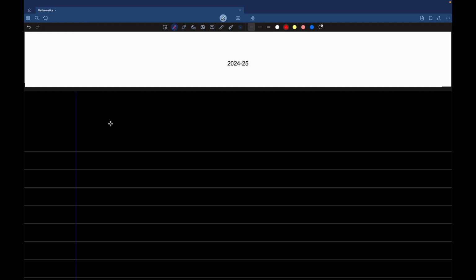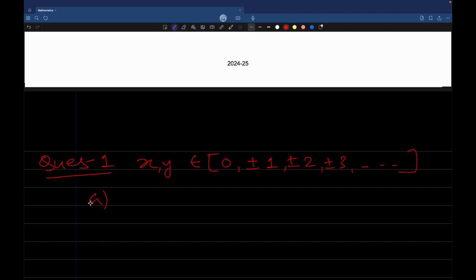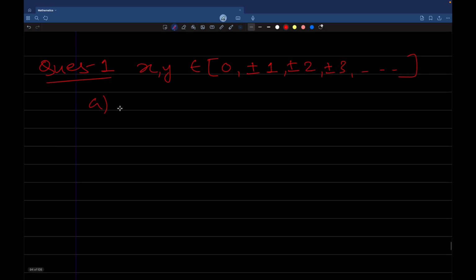Question number 1 says that find a pair of integers x and y belonging to integers, that is 0, plus or minus 1, plus or minus 2, plus or minus 3 and so on, such that first, the sum is minus 7.